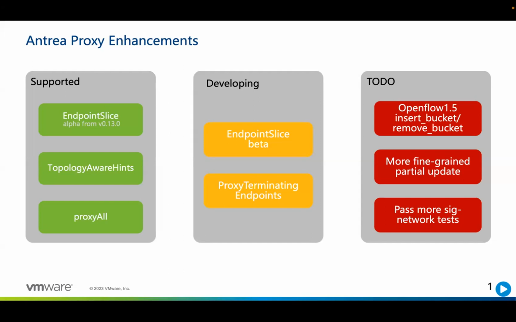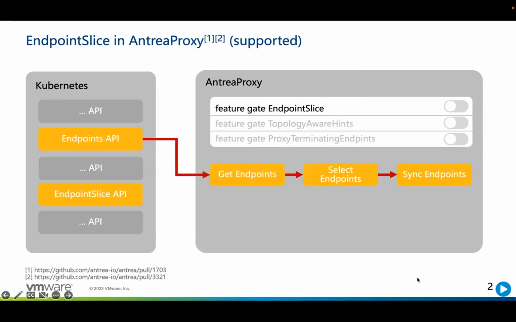We are going to do this for EndpointSlice in Antrea Proxy. By default, it is disabled in Antrea Proxy. When we switch it to enabled, it will listen to the EndpointSlice API in Kubernetes.